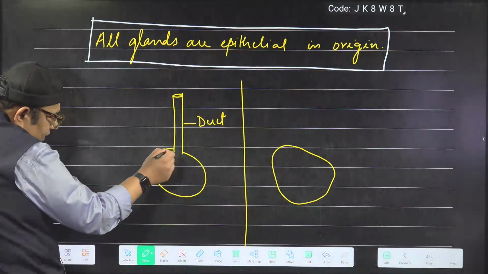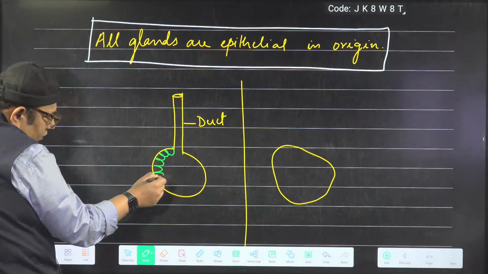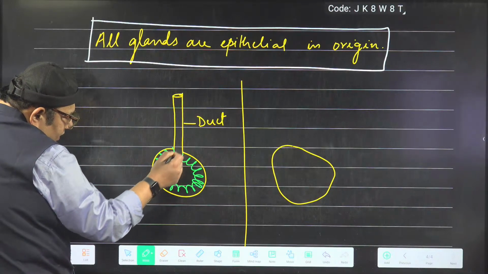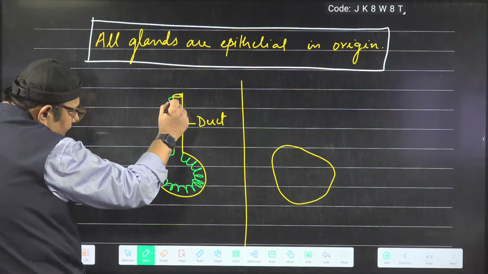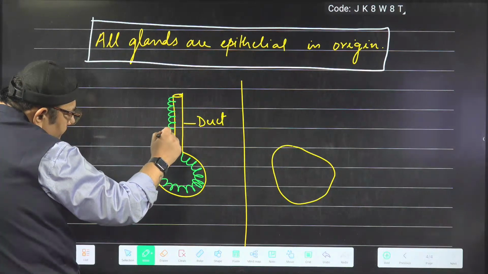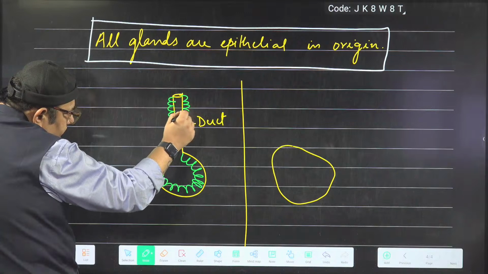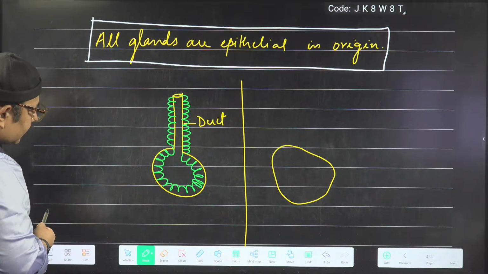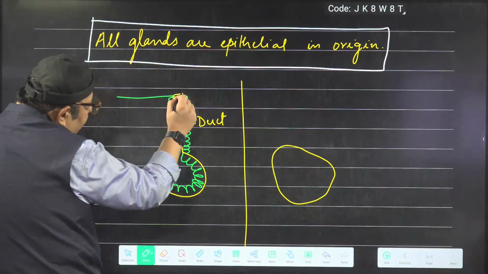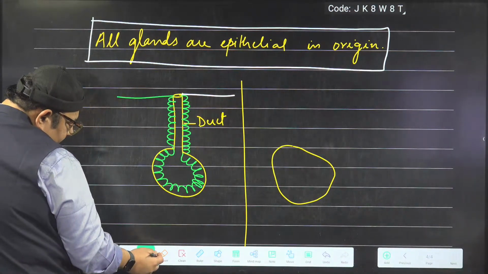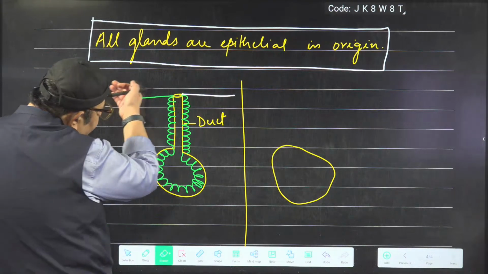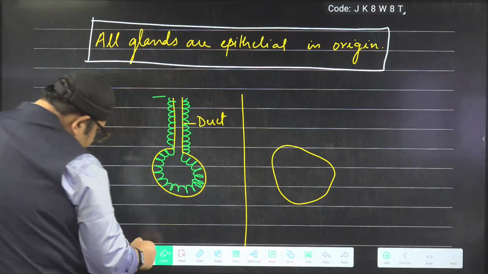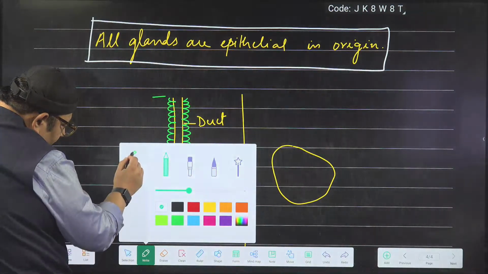Now this is a cell. These are the cells which are producing the secretion. These cells are synthesizing and releasing. You can see the duct, and this is the surface of the body, any body surface. The secretion is coming to the surface of the body.